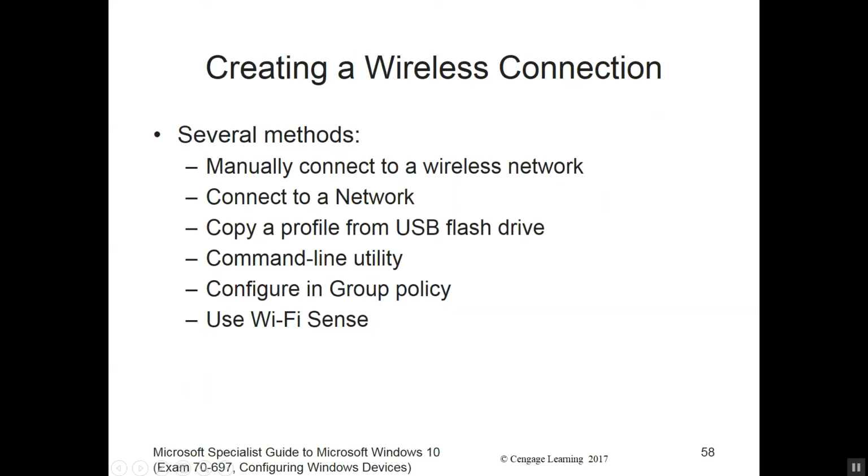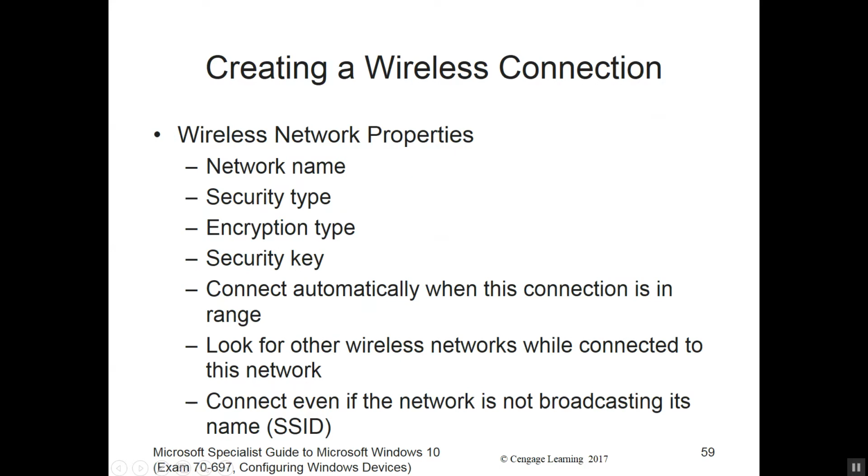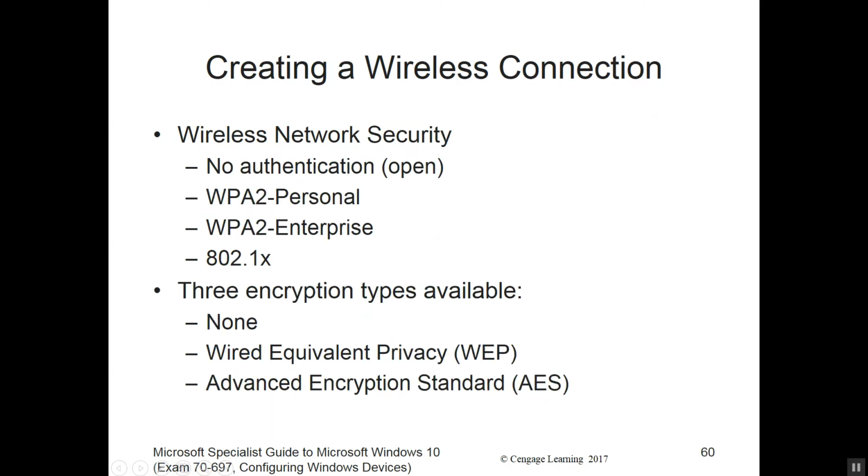Now, ways to create a connection: manually connect to a wireless network, connect to a network, copy a profile from a flash drive, command line utility, configure group policy, or use Wi-Fi Sense. And when it comes to wireless connections, we've got wireless security, but we've also got the ability to have no authentication. This thing's wide open.